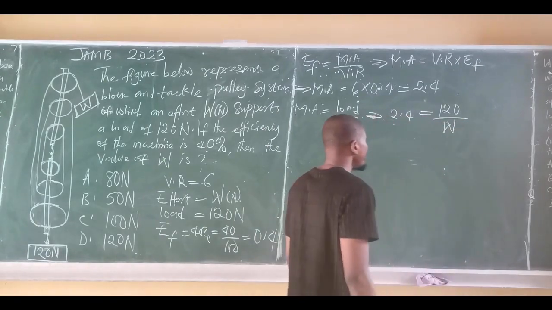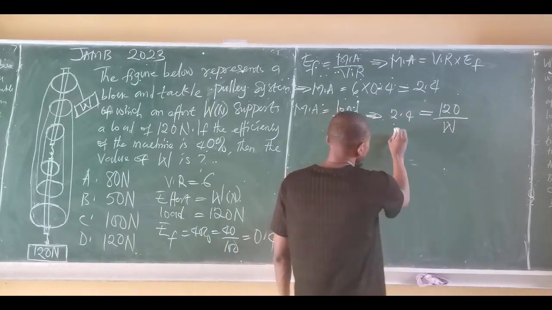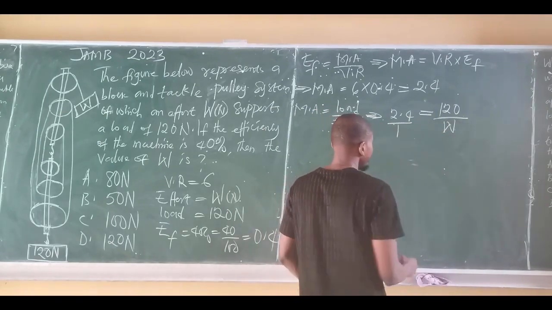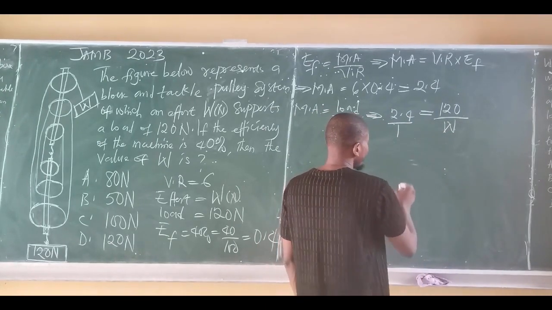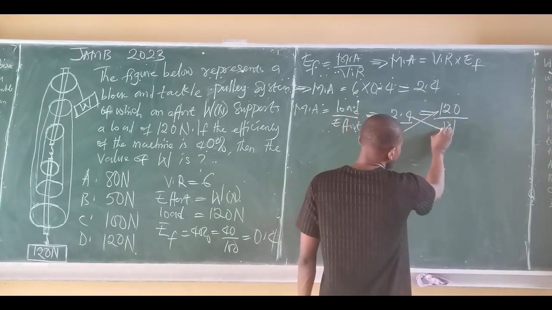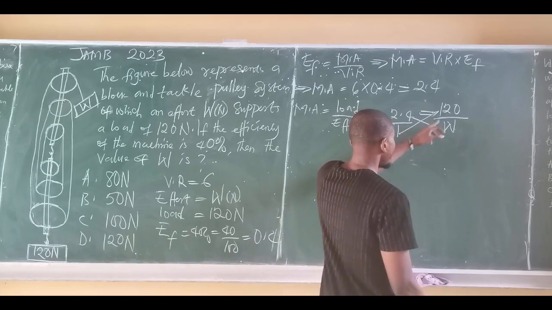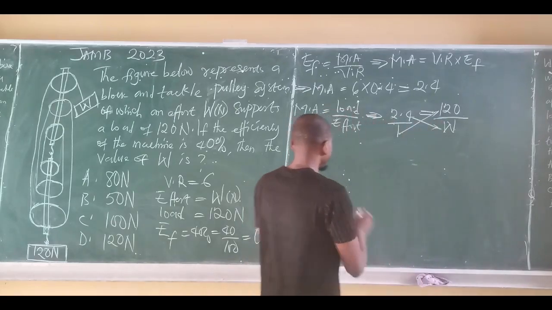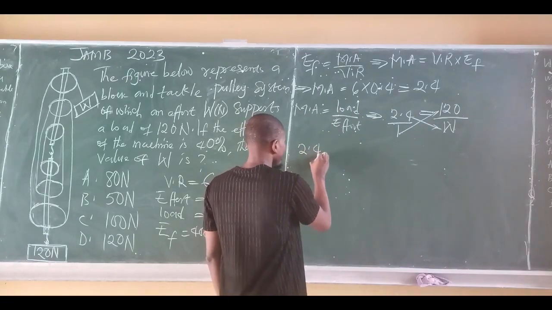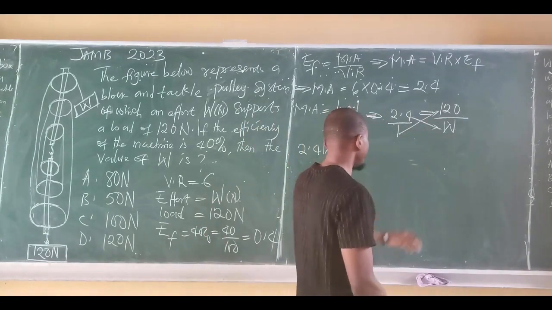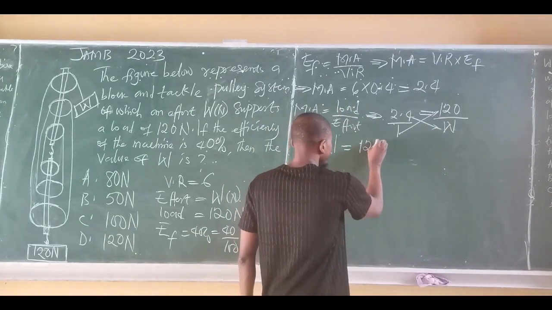From here we simply cross multiply. We have 2.4, which is the same as saying 2.4 divided by 1. It still remains 2.4, so this becomes easier for us to cross multiply. 1 times 120, and then 2.4 times W gives us 2.4W, and this is equal to 120.